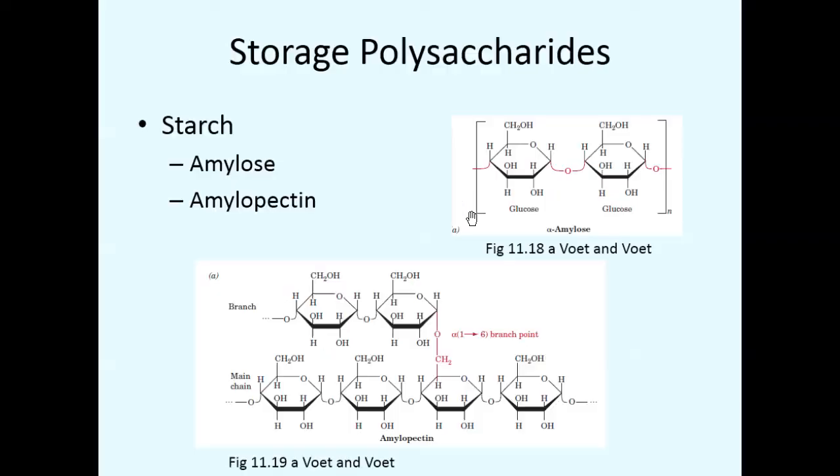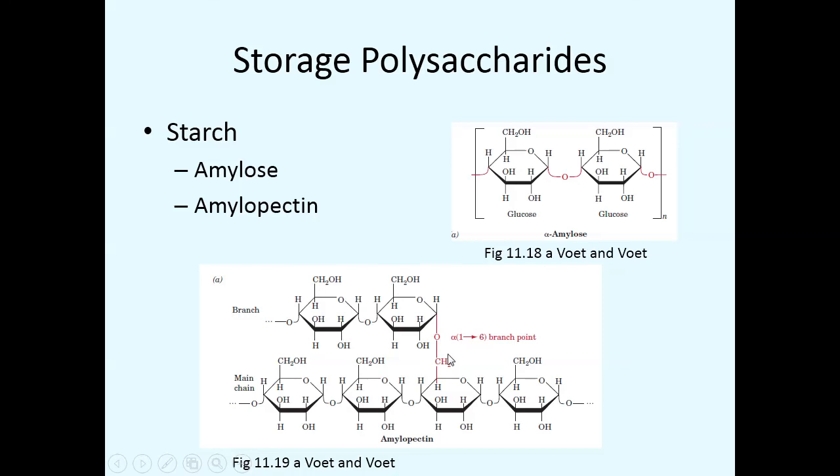As you can see in the figure, carbon number 1 of this glucose monomer of one chain is linked to carbon number 6 of the other chain through a glycosidic bond. So both amylose and amylopectin have the same monosaccharides in them.